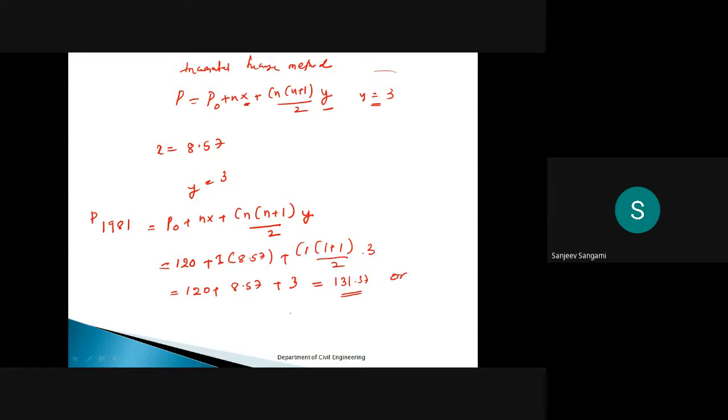Or you can convert this in terms of thousands also: 120,000 plus 8,570 plus 3,000, that is 131,570.